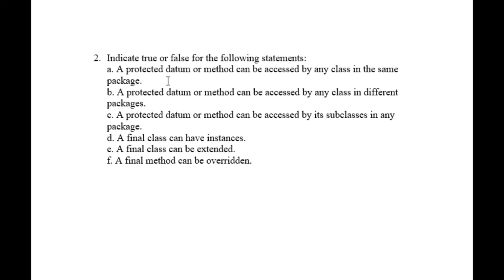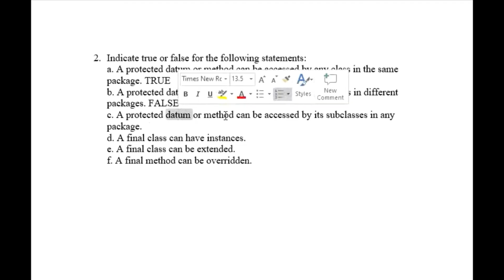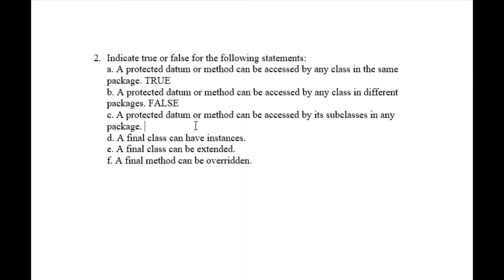Of course, this is true. A protected data member or a method can be accessed by any class in a different package. This is false. A protected data member or a method can be accessed by its subclasses in any package. Of course, true. A final class can have instances.